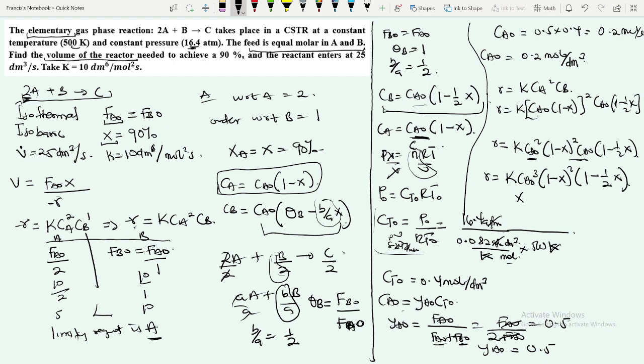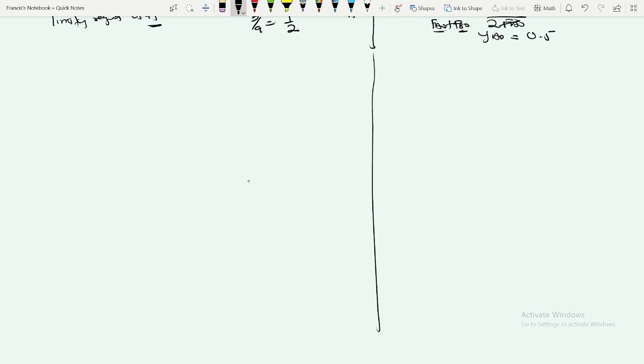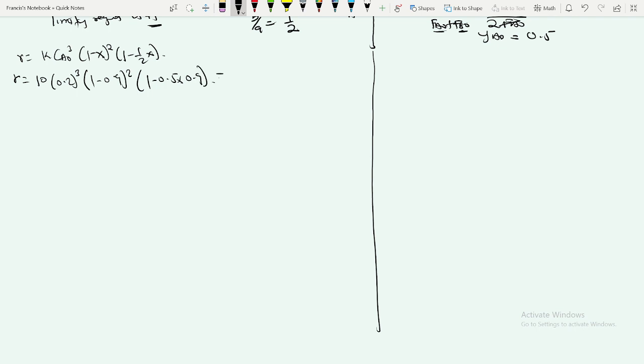So we get R equal to k CA naught cubed (1 minus x) squared multiplying (1 minus half x). Our x is 90%, which is 0.9, our CA naught we had to be 0.2, and our k is 10. Substituting everything, 10 multiplying 0.2 cubed multiplying (1 minus 0.9) squared multiplying (1 minus 0.5 times 0.9).